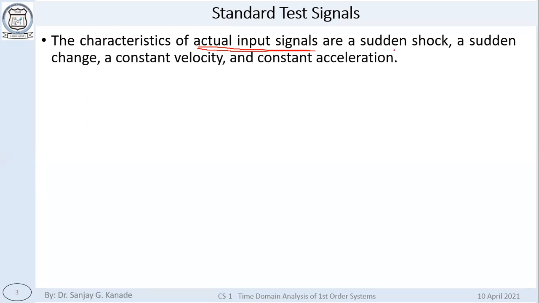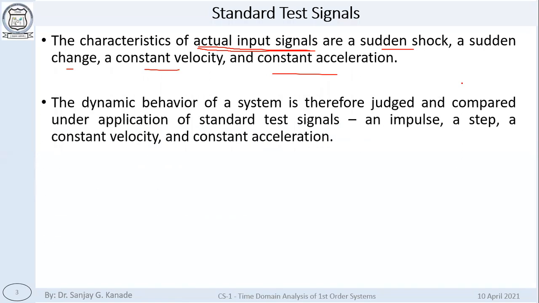Those are a sudden shock, a sudden change, a constant velocity signal, and a constant acceleration signal. I will talk about these 4 types of signals and also give you examples of them. So listen carefully when I talk about this.